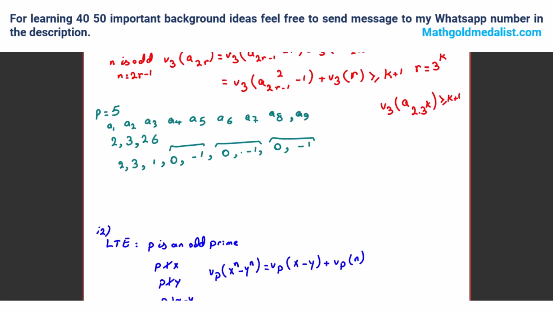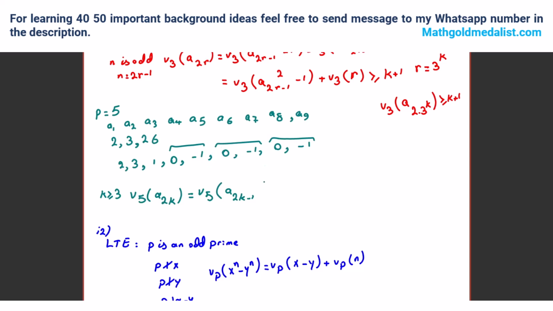Now, I know that a 2k are even-indexed numbers. a 2k are 0. So if we want to calculate, again, we want to apply LTE, v5 of a 2k is equal to what? v5 of a 2k minus 1. And suppose k is at least 3, at least 6.